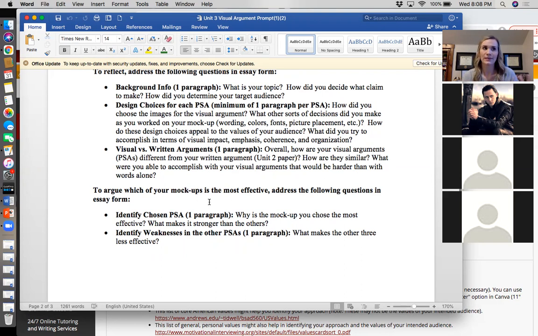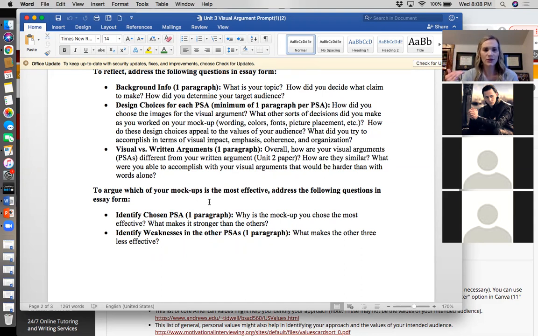So for example, I might say something like, it's a lot easier to show people what this problem is through images than it is to write about it, something like that. Okay, so tell me about those similarities and differences with a visual versus written argument. Again, just 1 paragraph on that.